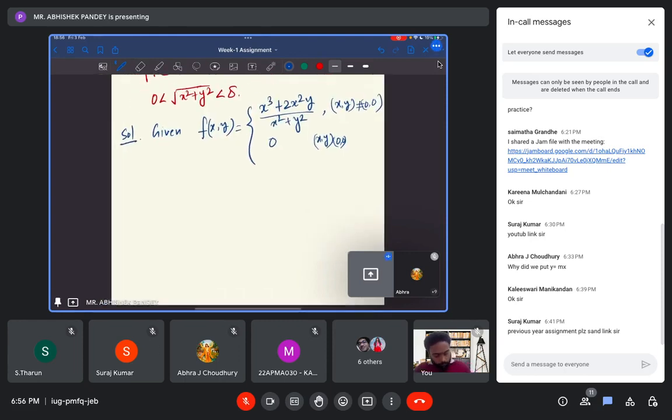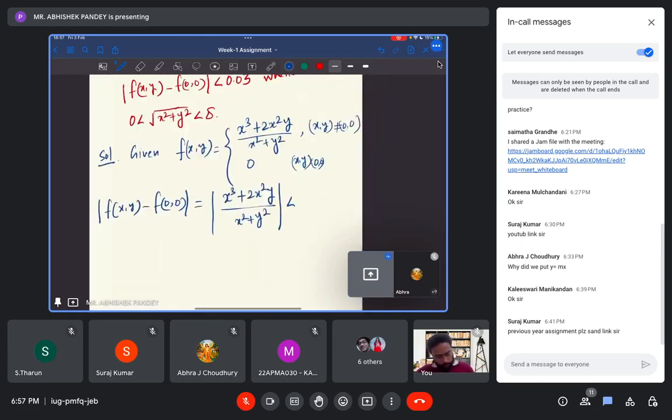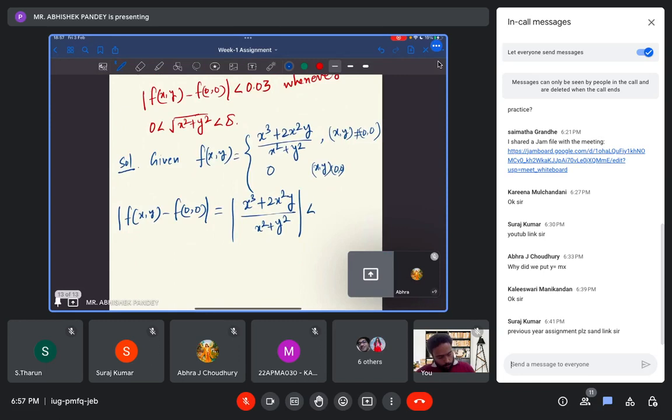Okay, you need to check this condition at 0 comma 0. So this is nothing but modulus of x cube plus 2x square y upon x square plus y square, which is less than 0.03.